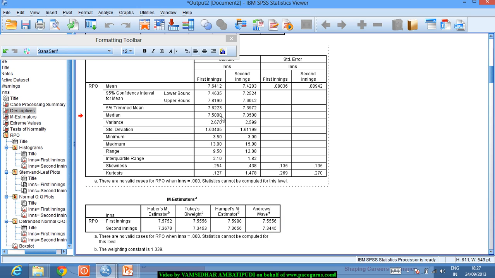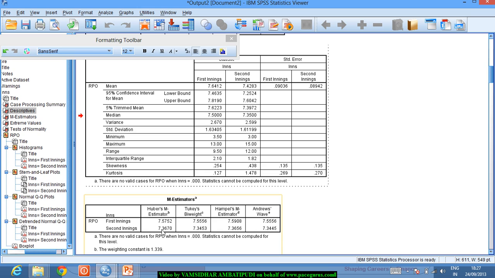So they are equally away from the median as well as the mean. They are not very close to the median, they are not very close to the mean. They are more or less midway between the two, right? The median is 7.5, the mean is 7.64, so all the estimators are somewhere in the middle.